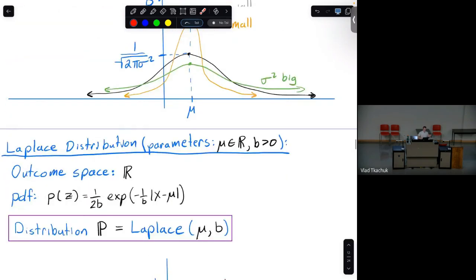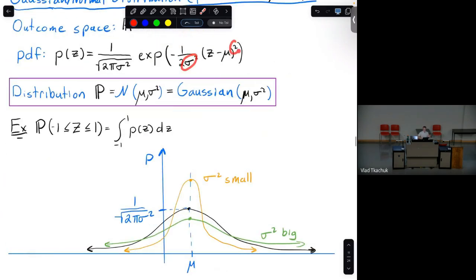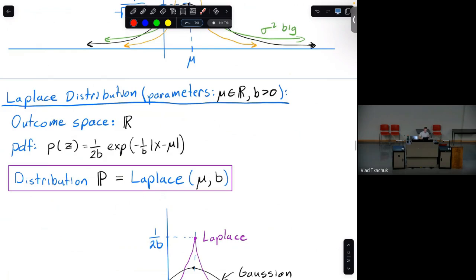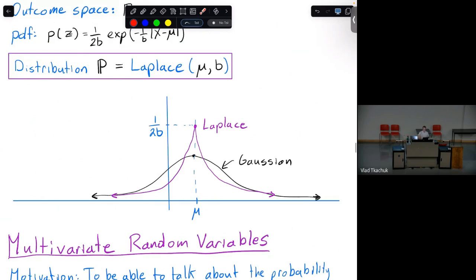It's very similar, except here you have this square term. In the Laplace, you just have an absolute value. So instead of squaring, you have an absolute value. That's basically the same difference. This b is not quite the variance, but has a similar relationship in the equation. Anyways, the plot describes everything, which is that the Laplace has this kind of peak shape.